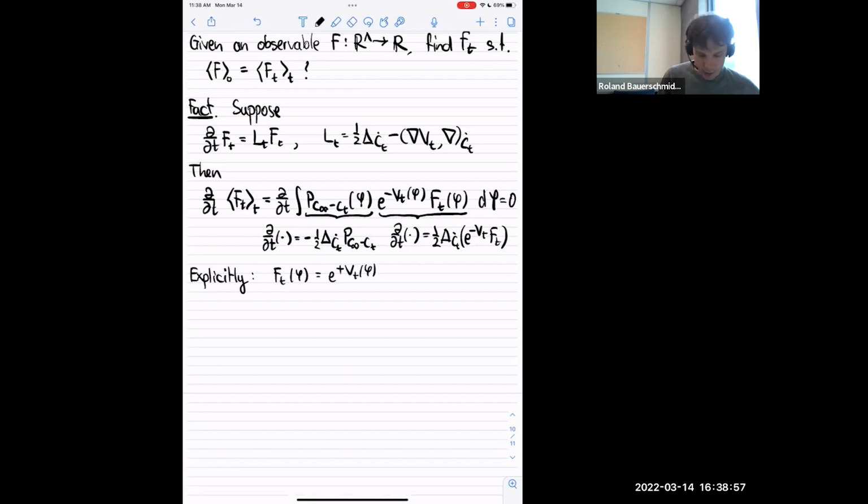Just writing this down to illustrate that, in principle, structurally, all of this structure is actually very nice and simple. And as you can see from the equation for ft, once you know the renormalized potential, it's a linear equation.